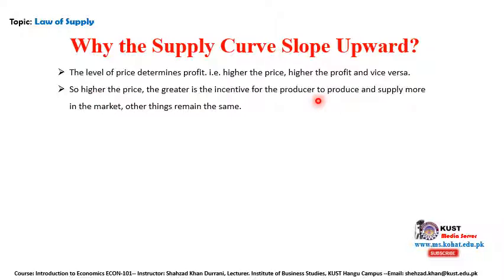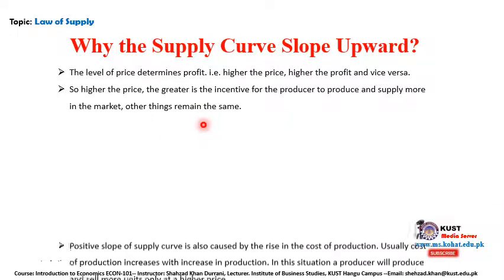So they produce and supply more to the market if other things remain the same. What are the other things? Like technological changes, or the goal of the firm. The determinants other than price remain the same if there is no change in them.